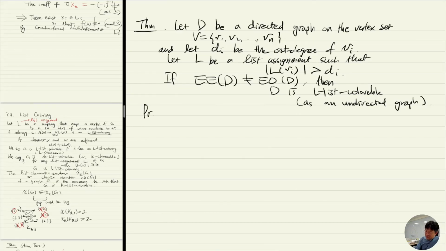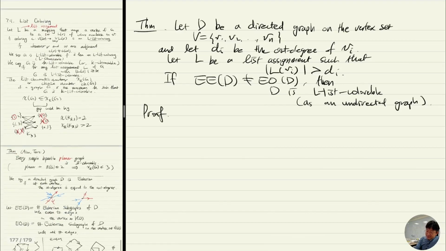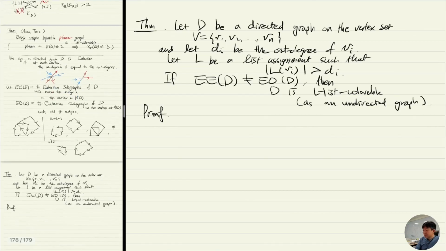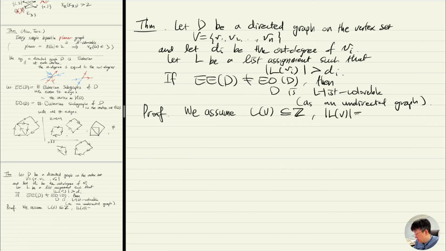So how do we prove that? We assume that L of Vi is a set of integers and the cardinality is equal to Di plus 1. And if you have more colors available, we can just ignore a few colors.